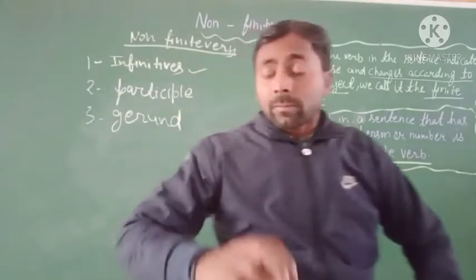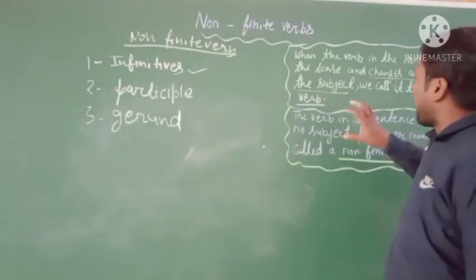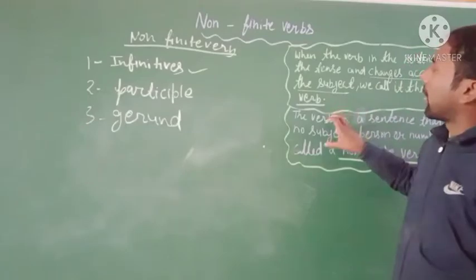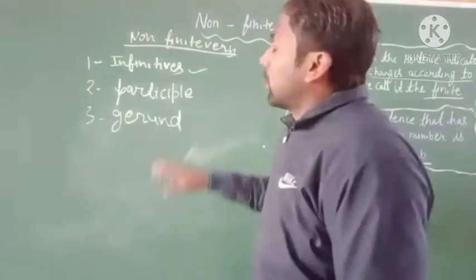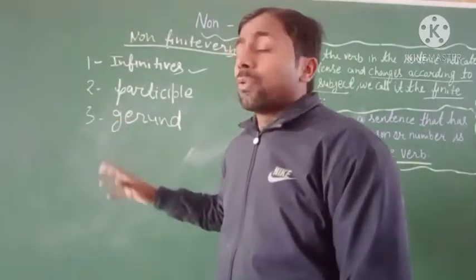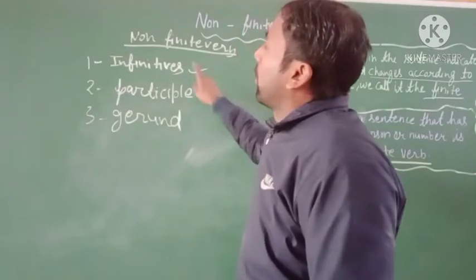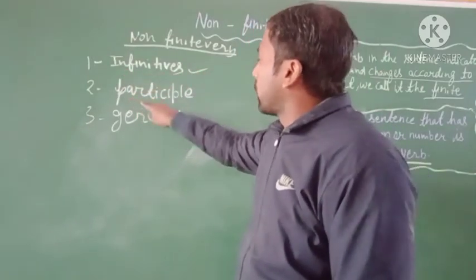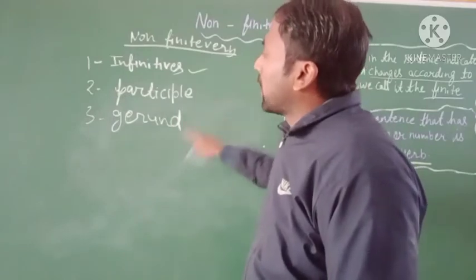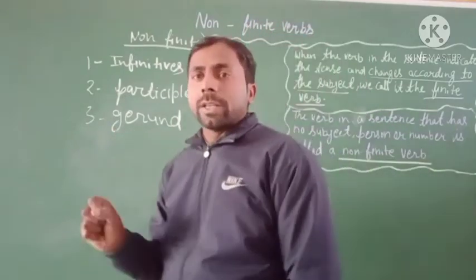Okay, so you have to see here. Here the non-finite verb is used in a sentence with the help of "to", and we can use it. A non-finite verb is used in a sentence in three forms. The first form is the infinitive, the second form we can use with the participle, and the third form we can use with the gerund in a sentence.